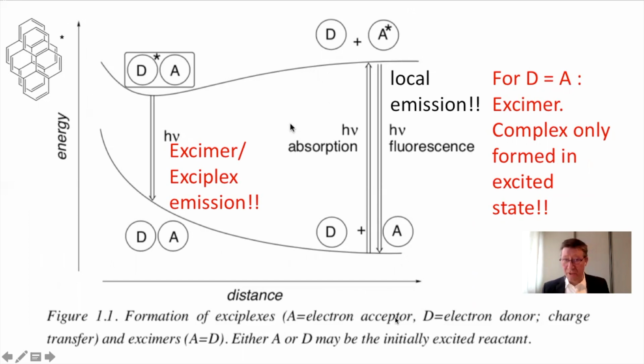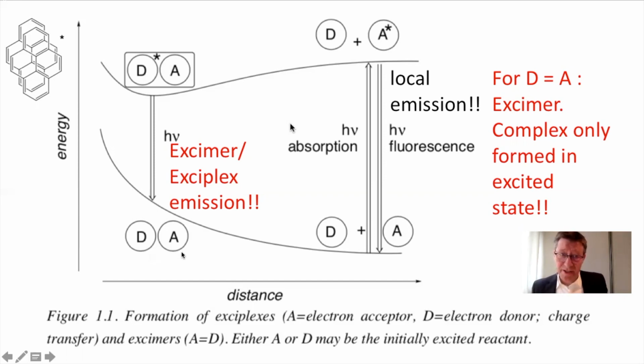We have local emission of, for instance, pyrene, but if they meet each other in the excited state, they can form this excimer, this dimer, and we can represent it like this, and it gives this special emission, this broad structureless redshifted emission. It is a very nice fingerprint of this interaction.